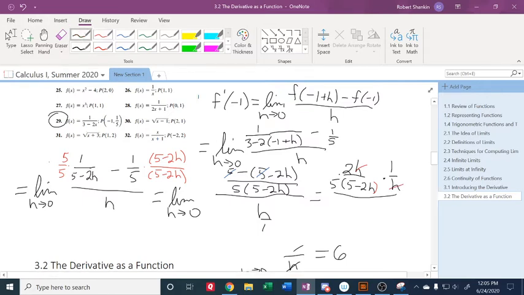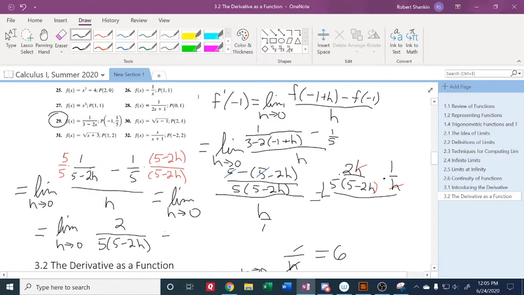Now this was supposed to have a limit in front of it. I'm just going to put a capital L for that. L equals the limit as h approaches 0 of, the only thing that's going to be left is 2 on the top, 5 times 5 minus 2h on the bottom.